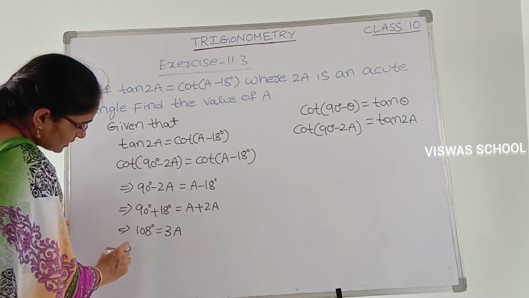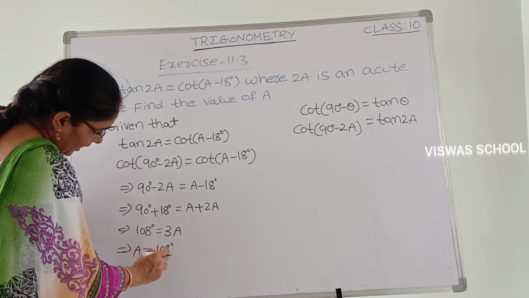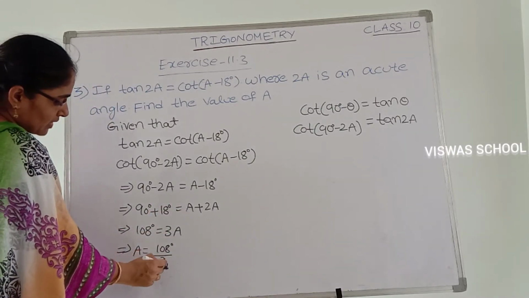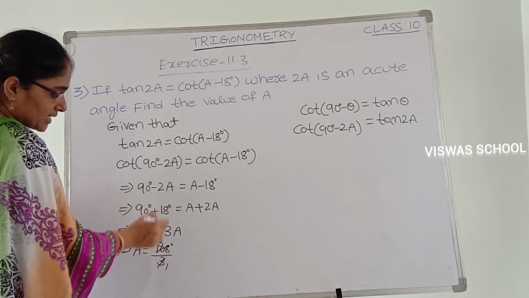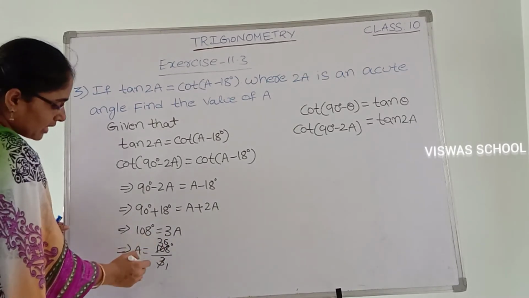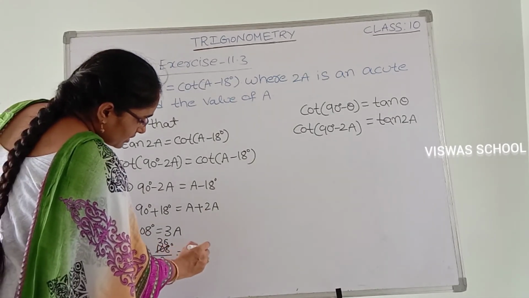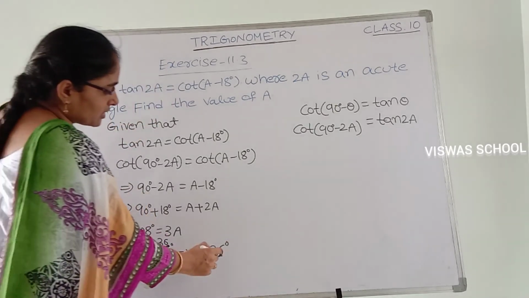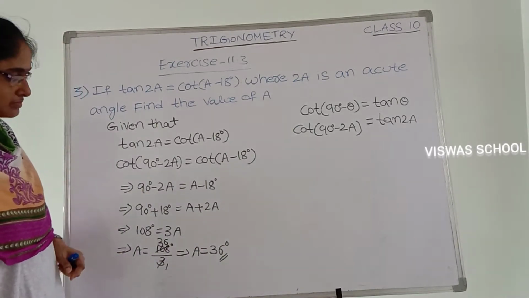From this, a is equal to 108 degrees by 3. What is the cancellation here? 3 ones are 3. And here, 3 threes are 9, remaining is 1. 3 sixes are 18. That is, a is equal to 36 degrees. The a value is 36 degrees.